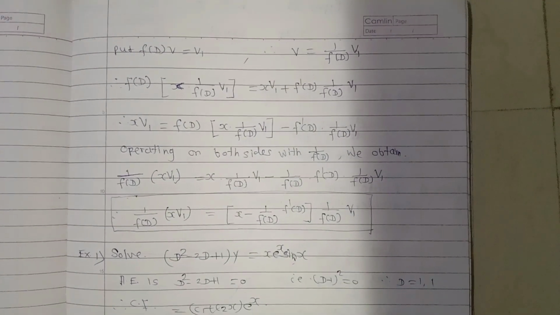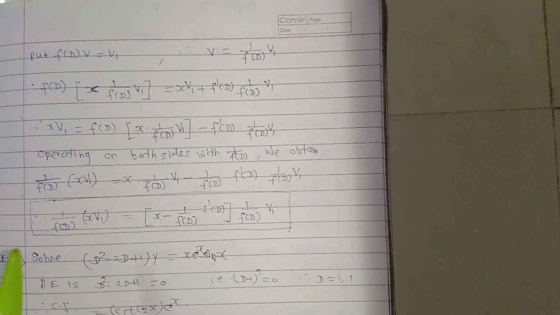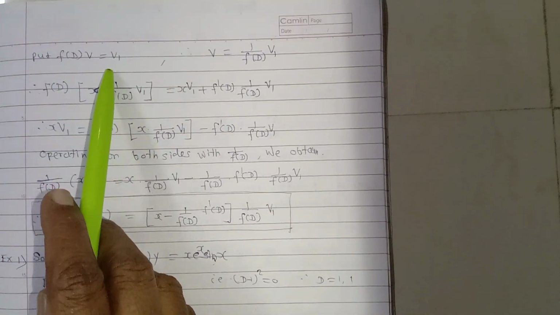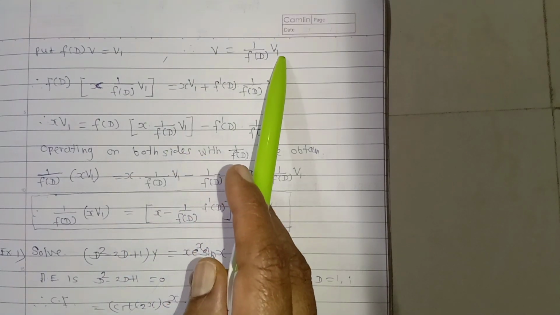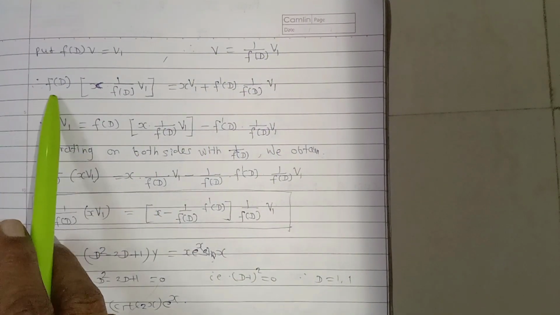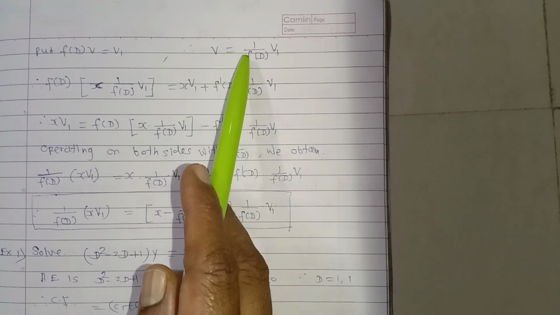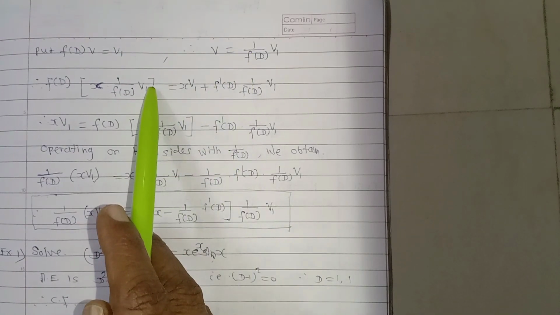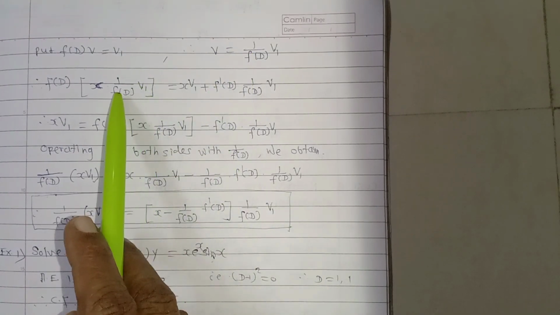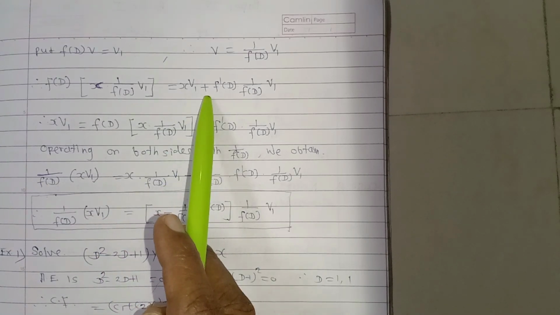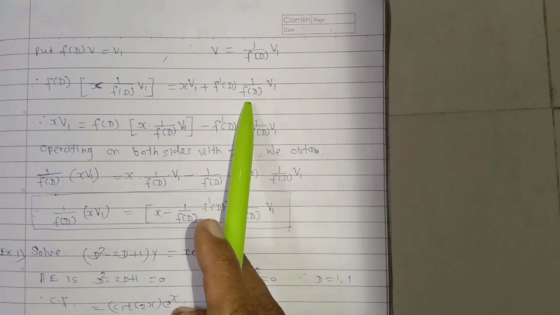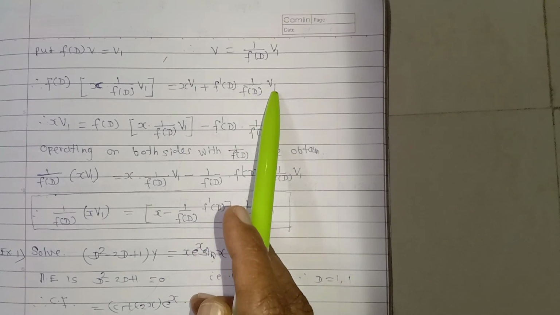Now we put f(D) of phi equal to phi 1, so we get phi equal to 1 upon f(D) operated on phi 1. Hence f(D) of phi equals 1 upon f(D) operated on phi 1, equal to x phi 1 plus f dash D, 1 upon f(D) operated on phi 1.